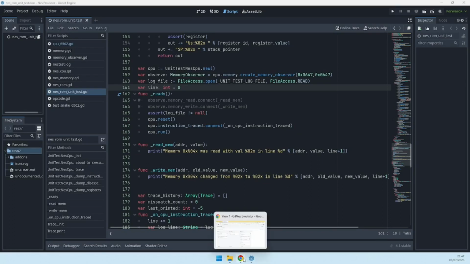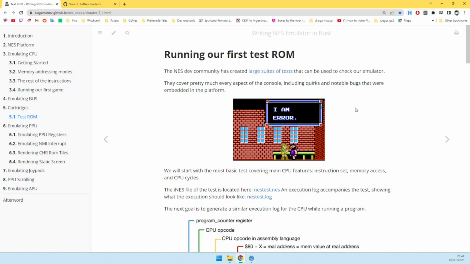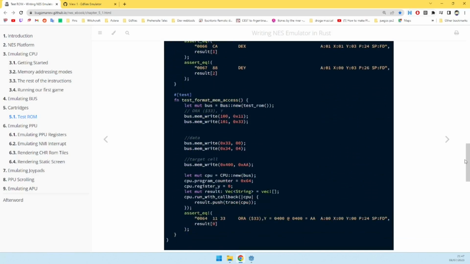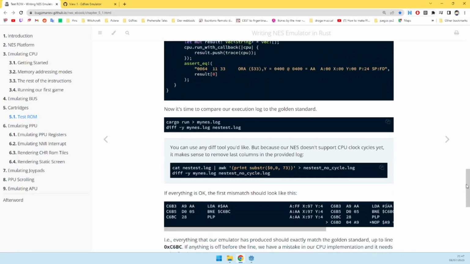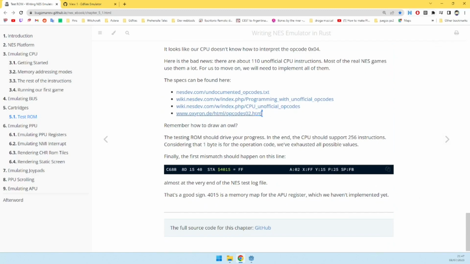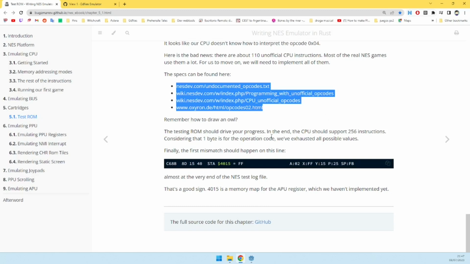So, a little reminder of what we were doing. We are currently implementing the test ROMs from nesdev.org. We have covered the basics of the 6502 CPU, and we are currently implementing the instructions that are specific to the NES console.